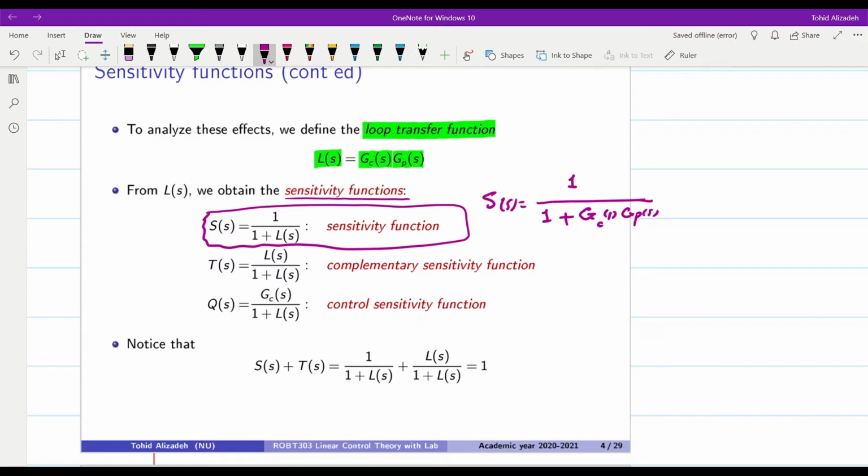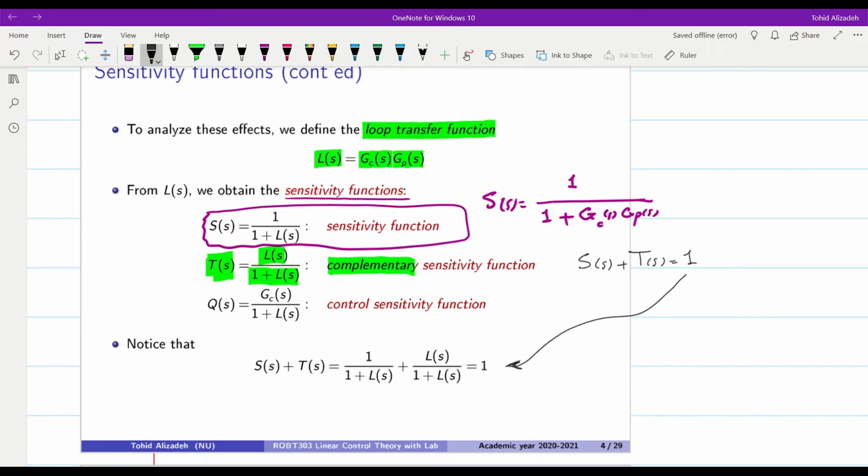Then we have the complementary sensitivity function, T of S, which is L over 1 plus L. It's called complementary because if you add S plus T, you will end up with 1, and this is shown here as well. So T of S is the complementary sensitivity function.